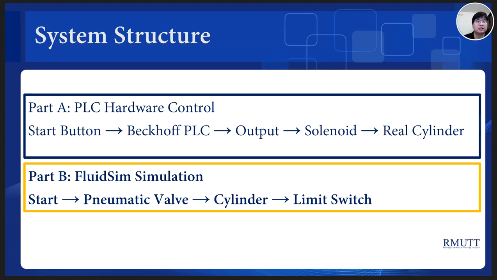This slide shows the system structure. There are two independent parts in this project. Part A is PLC hardware control. The start button sends a signal to the PLC. The PLC output signals control the solenoid valve, which drives the real cylinder.